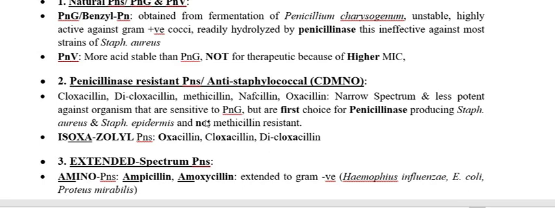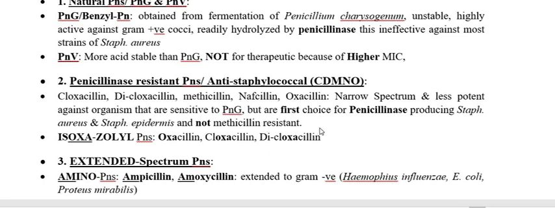So if the bacteria are penicillinase producing, like Staph aureus and Staph epidermidis, then in place of penicillin G you will use oxacillin, cloxacillin, dicloxacillin, or the remaining ones, methicillin or nafcillin, because they are all penicillinase resistant penicillins, but they are narrow spectrum.